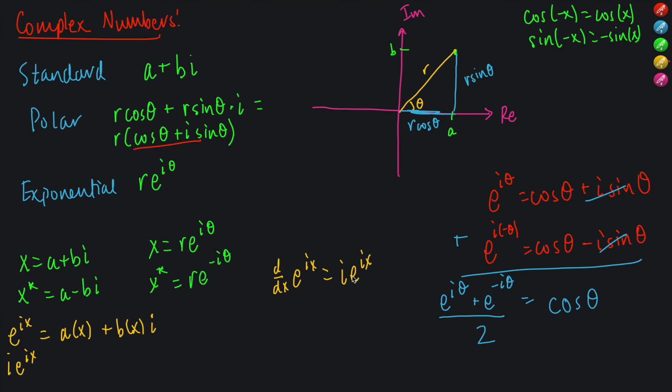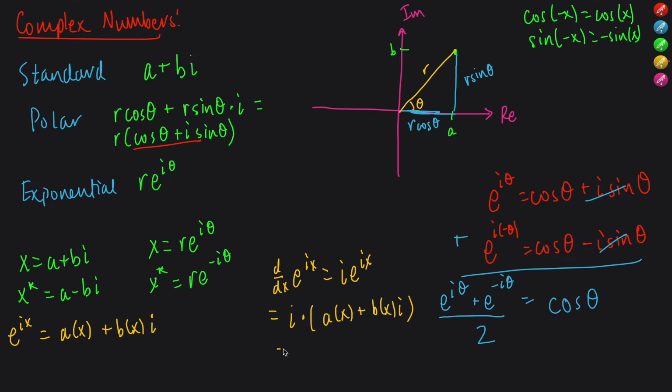Now notice that we have i multiplied by e to the ix. Well, I can just sub in what I already know about e. So let me write this a little bit cleaner. The derivative of e to the ix is i times e to the ix, which is equal to i times, well, we know what e to the ix is: a of x plus b of x times i.